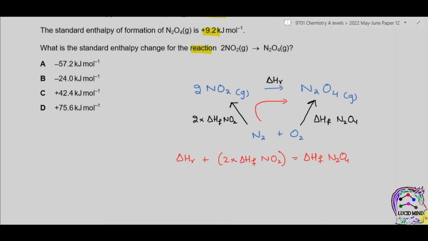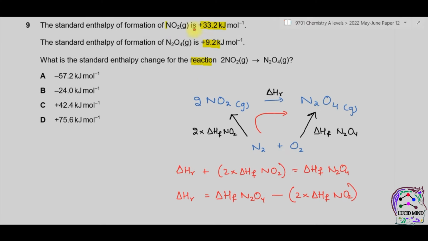Now we can rearrange. So del HR is equal to del HF of N2O4 minus 2 into del HF of NO2. Now we just have to put in values from the given question, 33.2 and 9.2.